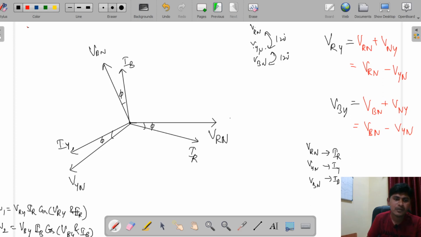Okay, now let us draw VRY. Then we can find the angle between these two. What is VRY? VRY is the phasor sum of VRN minus VYN.